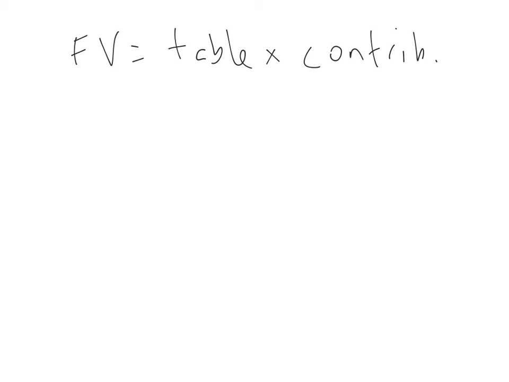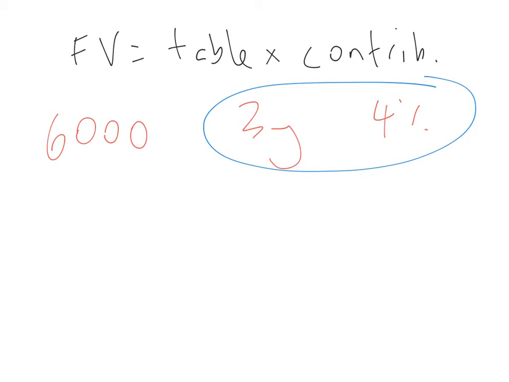And so the last thing that's a little bit tricky is to work out a missing number. So if we know that your future value equals your table times your contribution, and if we're going on a $6,000 holiday in 3 years' time, and the interest rate's 4%, we would use these two numbers to work out our magic number.